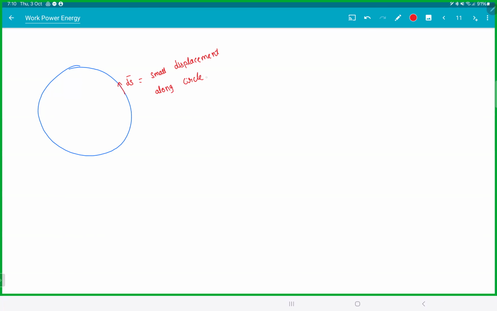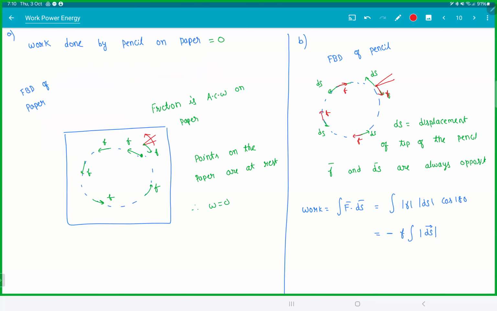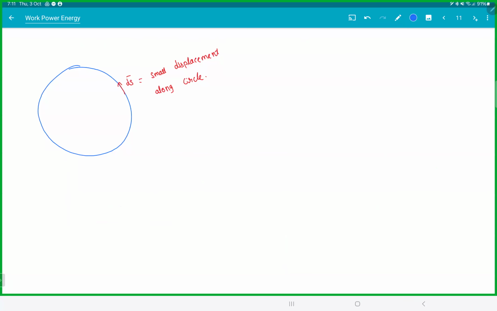This is where most people goof up because you studied this in school, right? If displacement is zero, work done is zero. You're getting it? That statement is a blunder. That statement is valid under a certain condition. In this case, the displacement is zero, but work done is not zero. So let's go there. But tell me this thing.